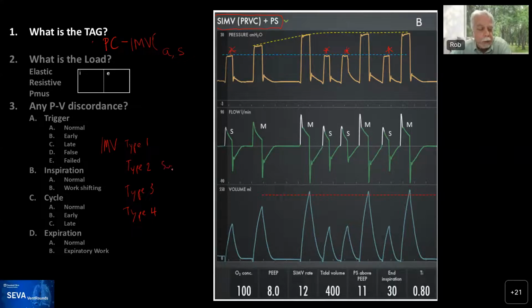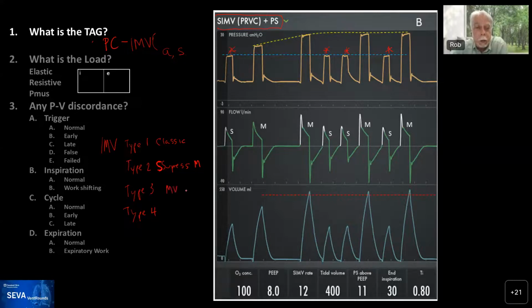You'll see that in modes like auto mode or spontaneous timed in BiPAP machines and things like that. Then there's a Type 3 where if the spontaneous minute ventilation is higher than the set mandatory minute ventilation, then again, the mandatory breaths will be suppressed.